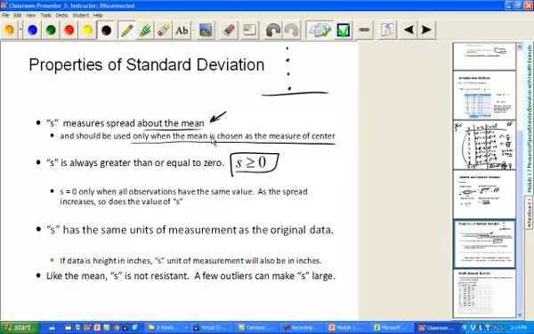Okay, so there's no variation here, so s will be 0. S has the same units of measurement as the original data, like I mentioned. If data is the height in inches, then s will also be in inches. That's just an example for you. And s is not resistant, so a few outliers can really screw it up.